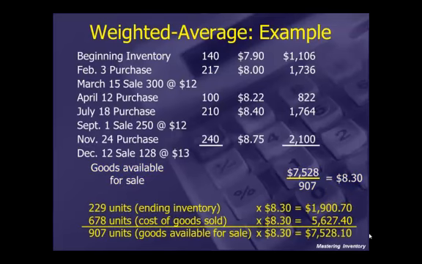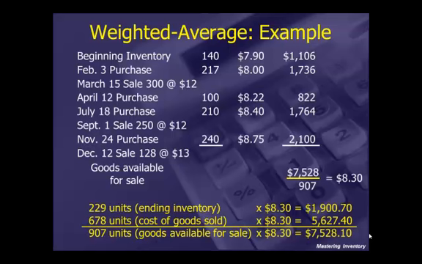Alright, now, we know there are 229 units in ending inventory. We can multiply that times $8.30, and that gives us $1,900.70. There were 907 units available. That means 678 units were sold. That is our cost of goods sold. You could take and add up all the sales of 300, 250, 128. That's 678 there. You multiply it times the $8.30, and that's $5,627.40 for cost of goods sold.